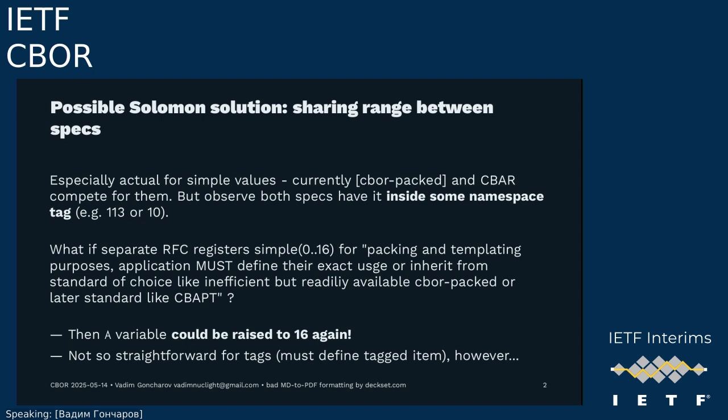But here's the distinction. Simple values are, well, simple. We can issue some small RFC about them and be done. But for tags, we still need some decision because a tag definition must include items of which type it can tag, so decoders could understand this properly.